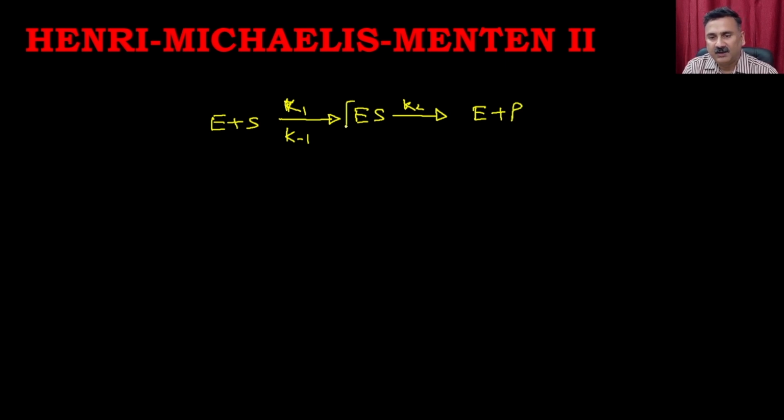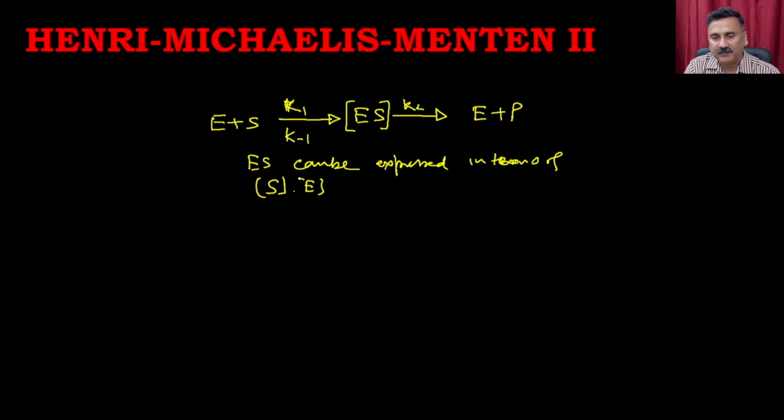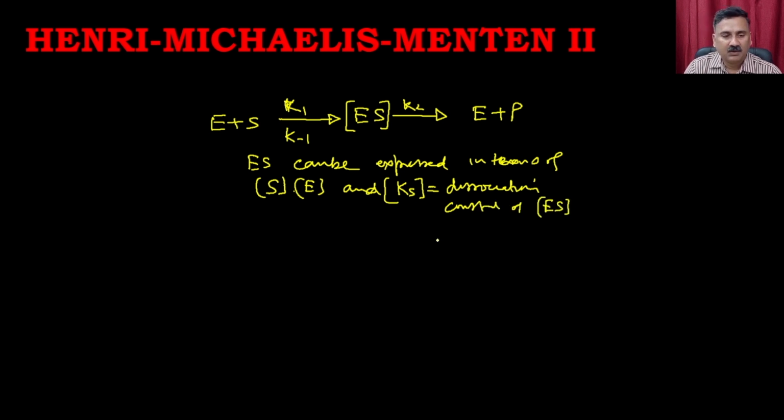So since the equilibrium is very rapid, ES can be expressed in terms of S, E and Ks. Ks is the dissociation constant of ES, right?